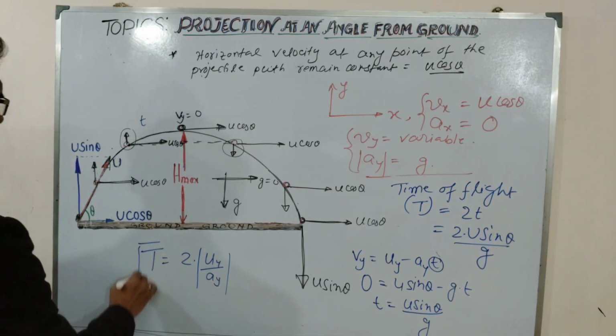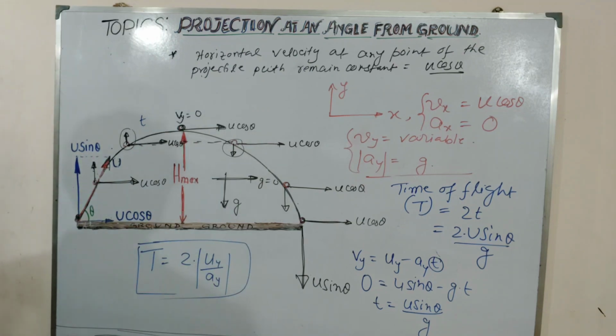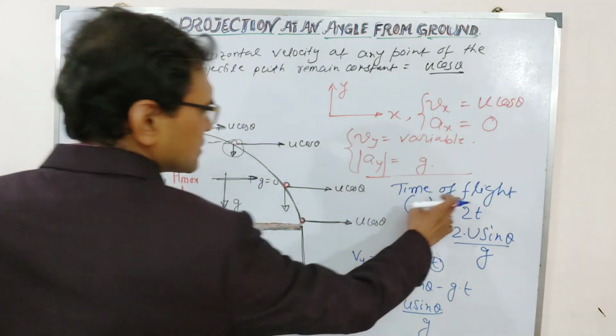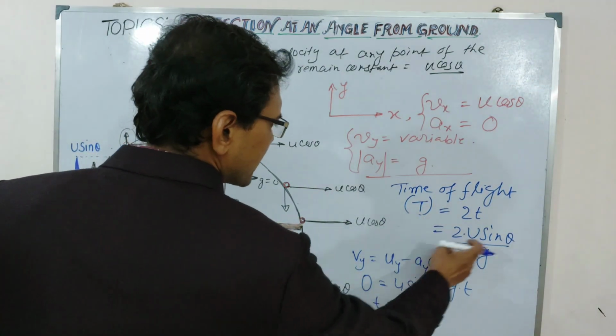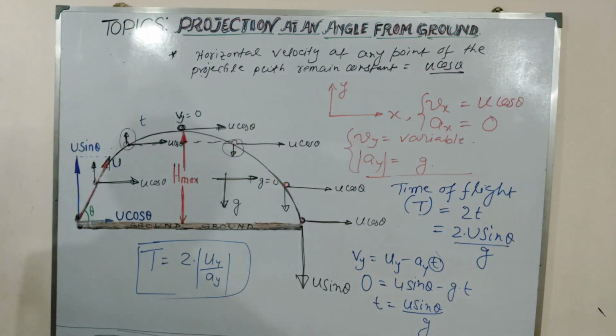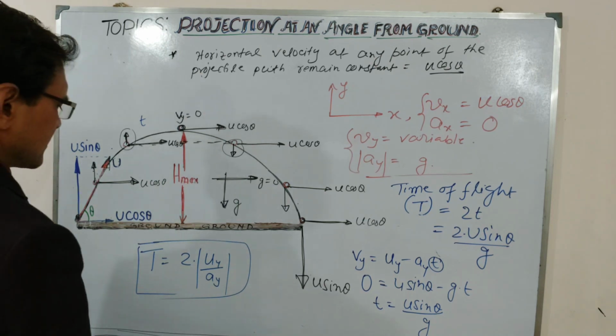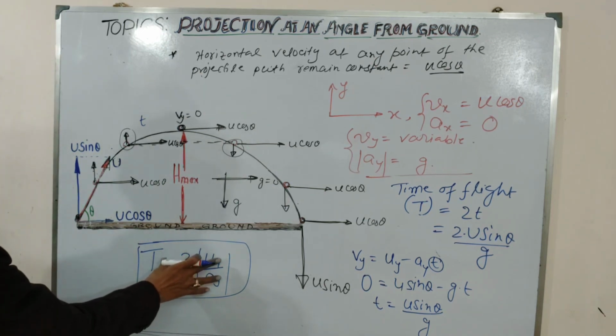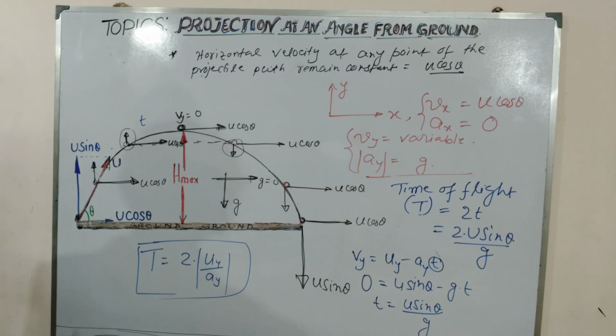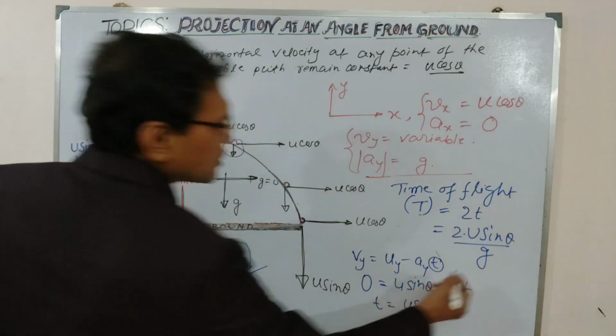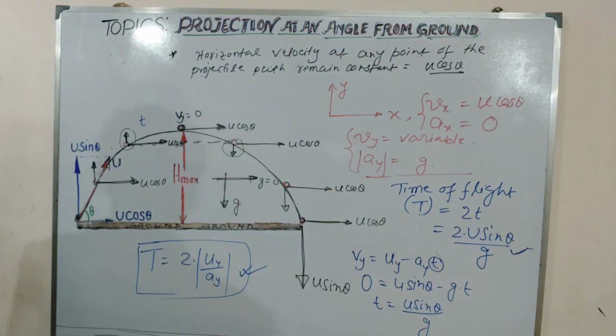So the formula of time of flight can be written in this form, and we remember the formula of time of flight as 2 u sin theta by g. This formula is more convenient when we apply projectile motion along an inclined plane. Okay, so we remember it in this form.